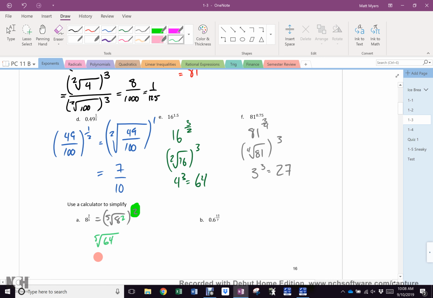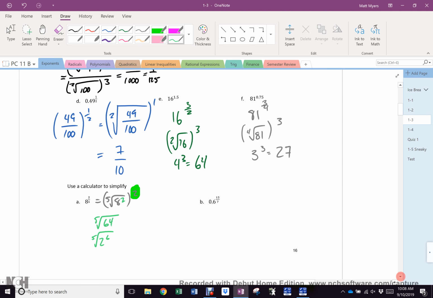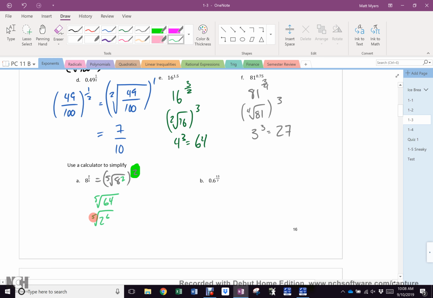Because 64 is 2 to the 6th. And what does that little 5 mean? I can bring out 5 of these 2's. 2, fifth root, and what did I leave under there?